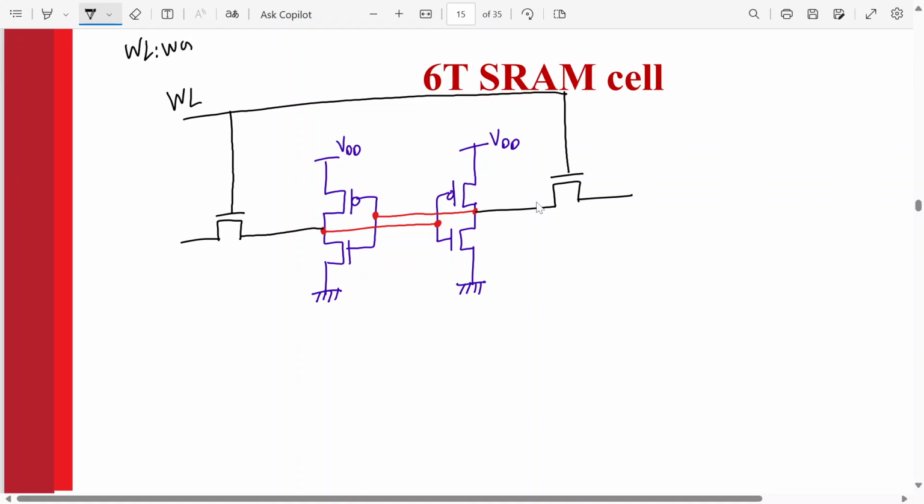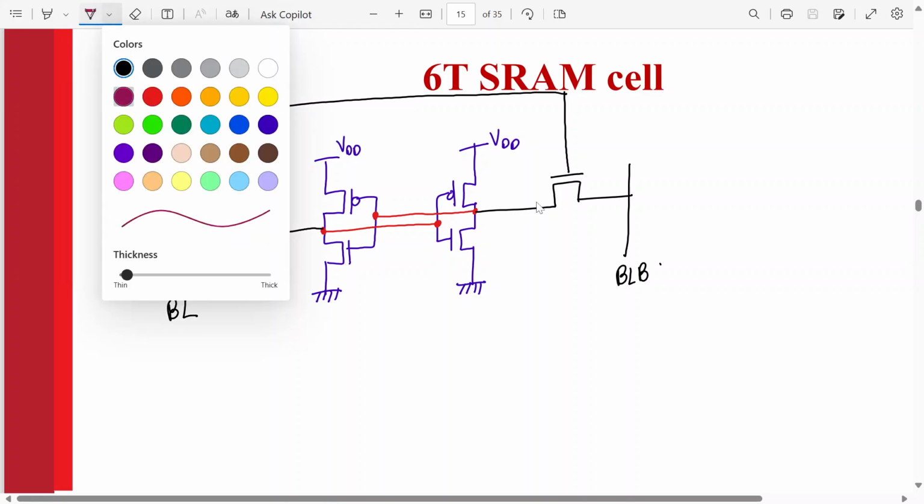WL stands for word line. And to write the data, it has one more control signal, bit line and bit line bar, or BLB. These are two independent control signals. It is not that BL should be 0 and BLB should be 1. There are two control signals, so it can be 0 0, 0 1, 1 0, or 1 1.